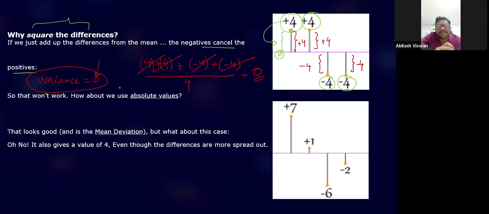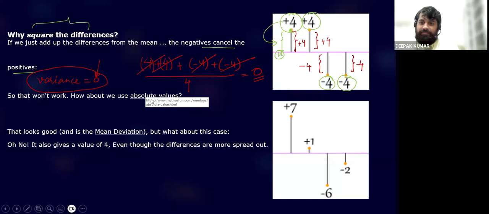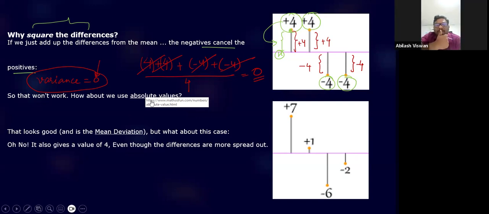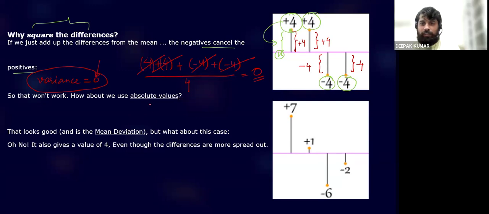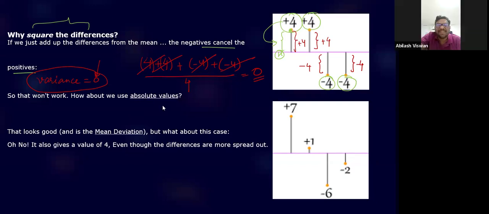How far? Any idea? How far means zero. How far means 0 means there should not be any distance between the mean and the points. Yes or no? Yes.